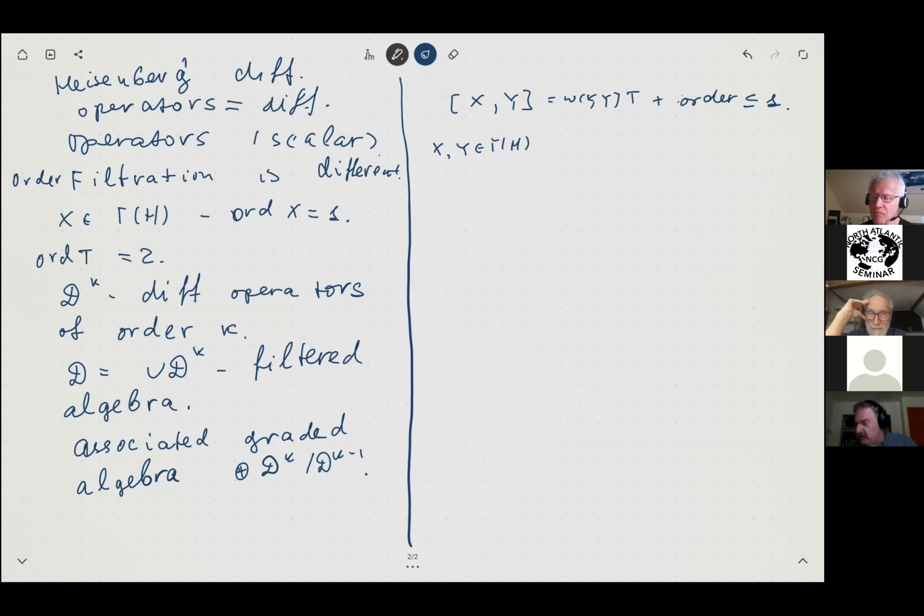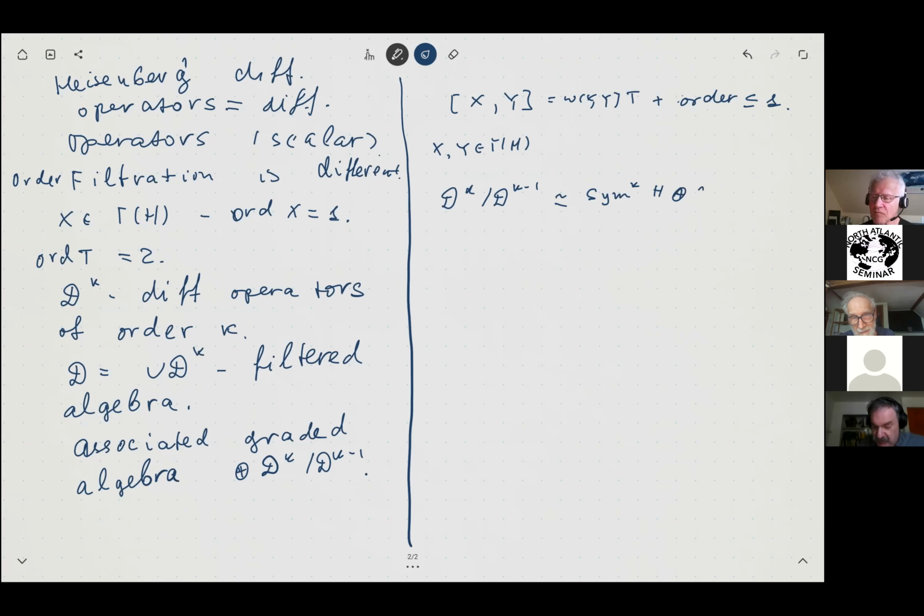And moreover, this equality allows one to describe what the associated graded algebra will be, very simply: namely, the space of operators of order k quotiented out by operators of order k minus 1, we will just get some symmetric tensors in vector fields tangent to H, right?